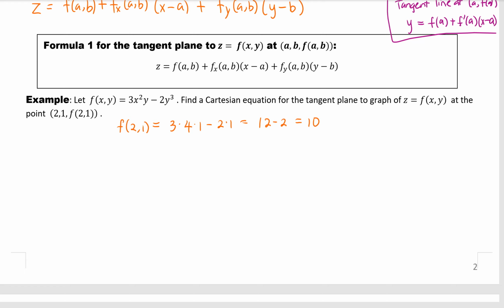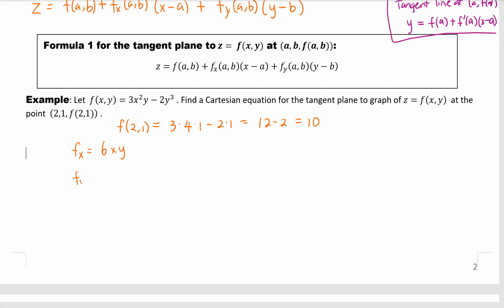And then we need to find the partial derivatives. Partial f, partial x equals, we consider x is the variable, and y is just like a constant. So 2 times 3 is 6xy. And then 2y cubed has no x in it. So that is like a constant, right? Derivative of constant is 0.